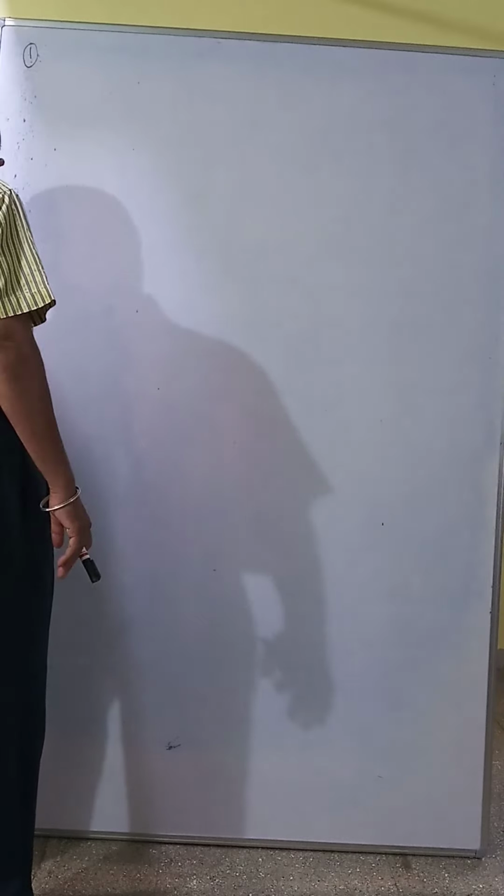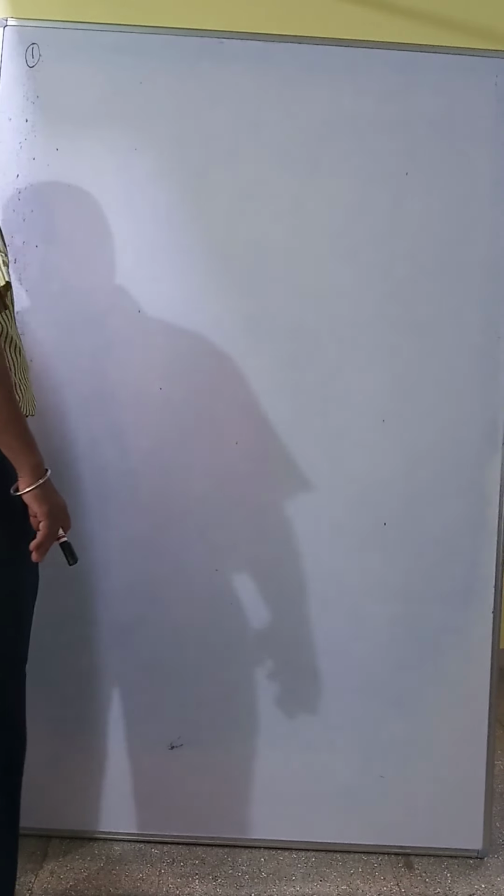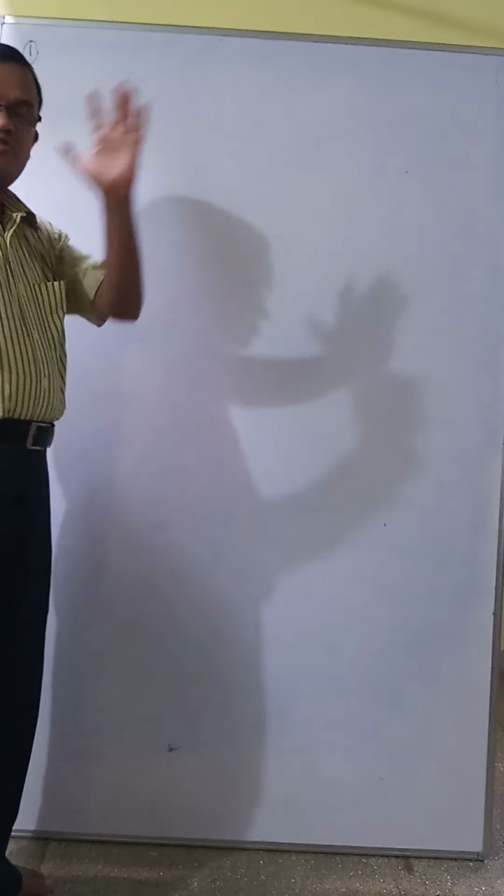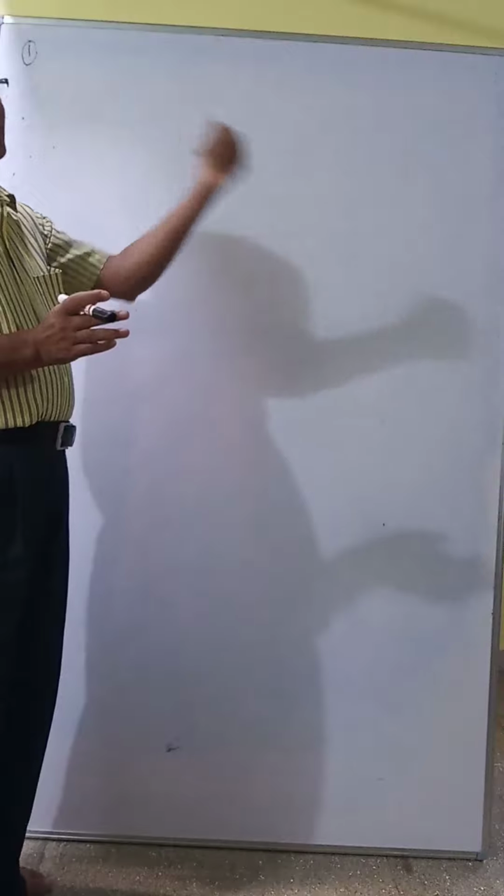Then 20% of output is sold against cash. Out of 100%, 20% they sold for cash, and the remaining 80% they sold on credit. That is very important. Then it is assumed that production is carried on evenly throughout the year. Wages and overheads are accrued, meaning outstanding.